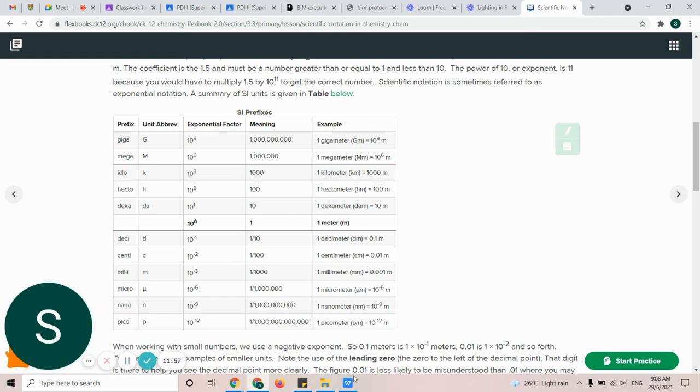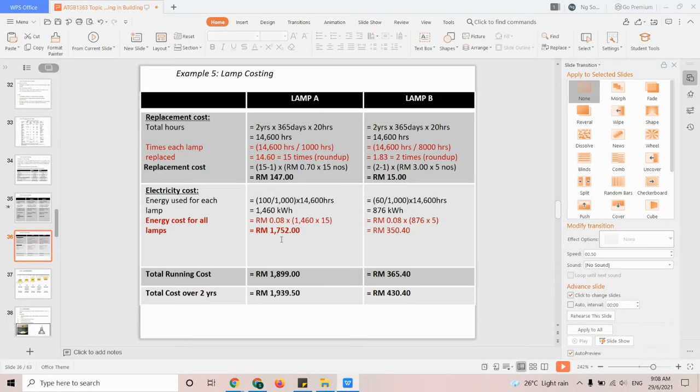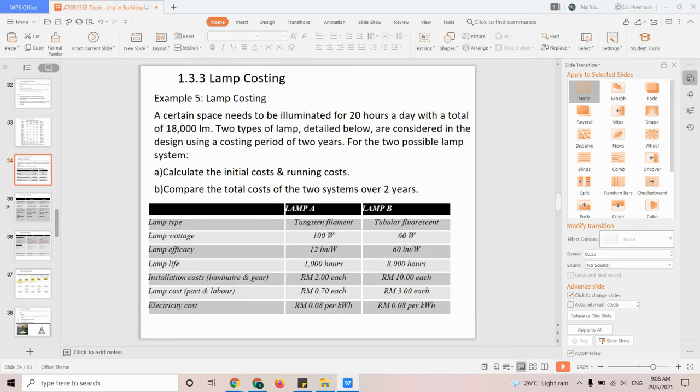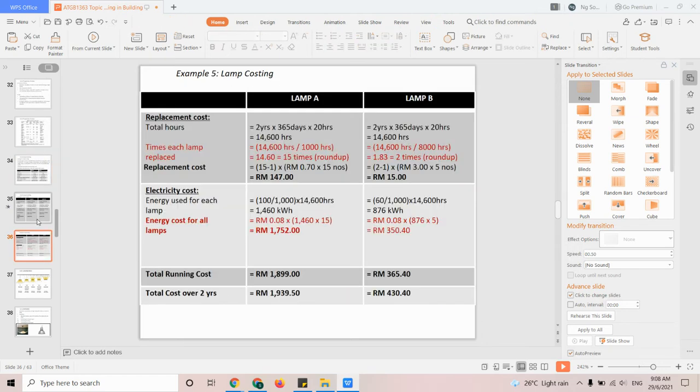But in the case of this subject, when it comes to electricity, you only take into account the SI prefix K, which is 1000. So when it comes to this sort of question, please pay attention to here, which is usually in K, kilo.